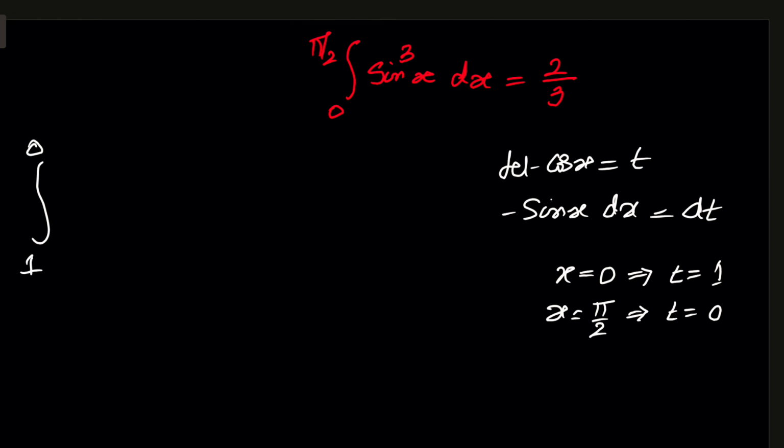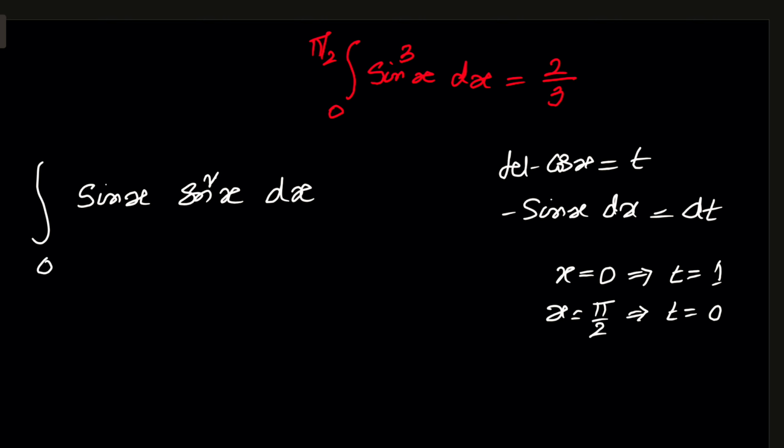Sine cube x, we can write it as sine x into sine square x. We'll write one more step, sine x into sine square x dx. So maybe we will not change the boundaries because still it is in x only.